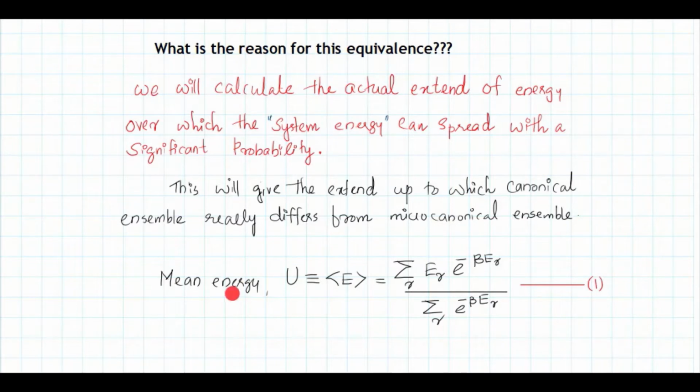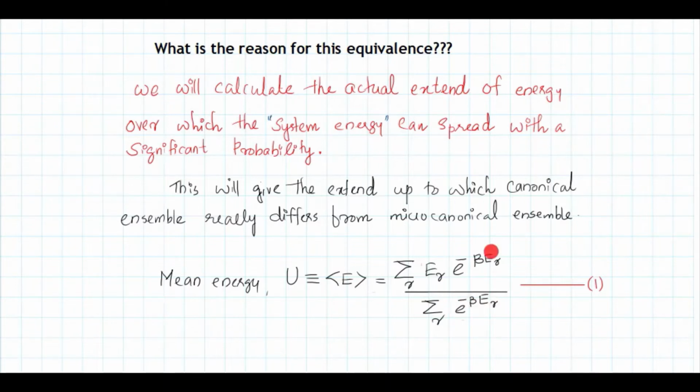Now, for the mean energy, or the expectation value of energy, the equation is sigma r Er e raised to minus beta Er divided by sigma r e raised to minus beta Er.